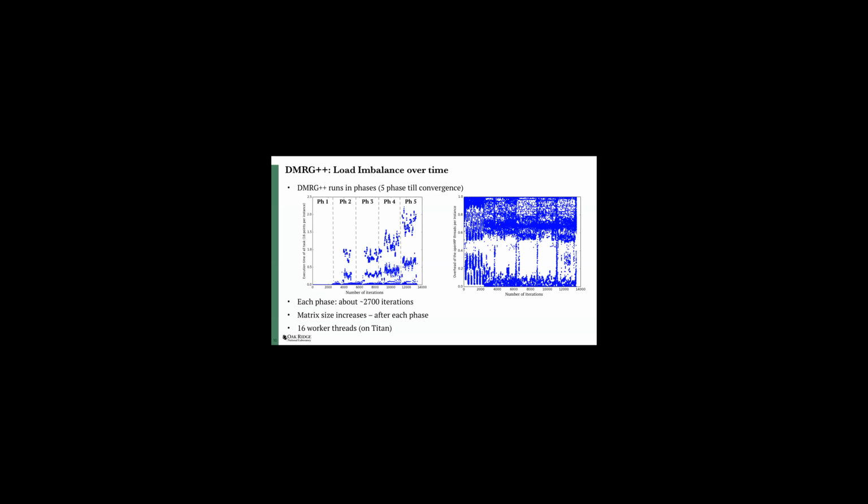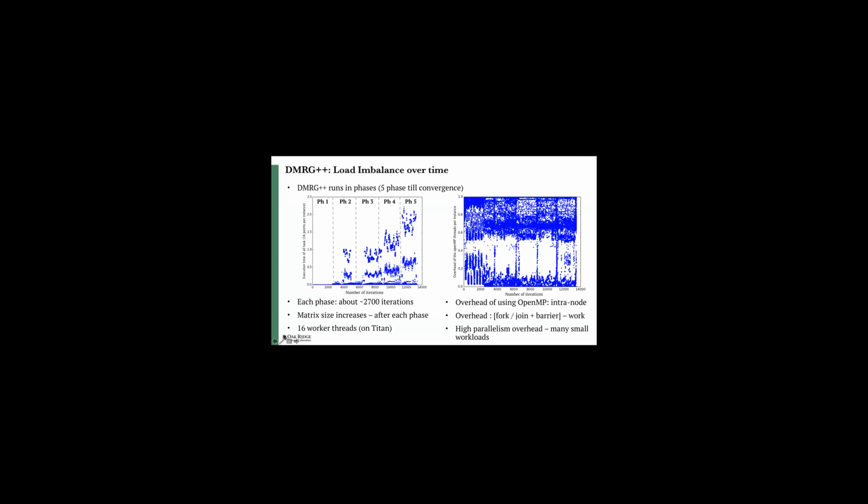Okay, this again shows the load imbalance of the application with respect to iteration, and over time it runs in different phases. Each phase is a different matrix size. As you can see, the imbalance worsens as we move towards phase 5, which is the last step of our convergence.